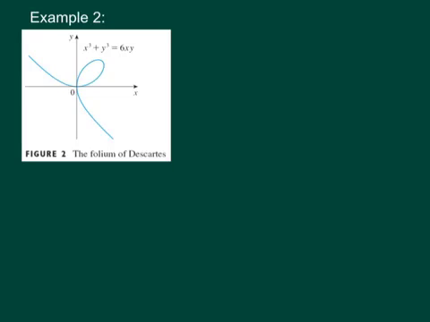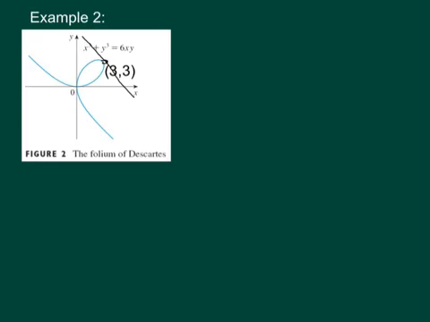However, we can still draw some tangent lines to it. Here, for instance. This point is 3, 3.